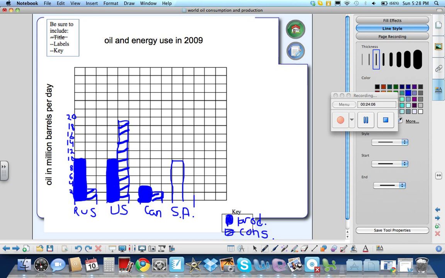Alright, we're going to make sure we shade it all in. Again, yours is going to look a lot better than mine. Okay. Then we're going to do the consumption of oil in Saudi Arabia, which is 2.4. And it's going to look something like this.